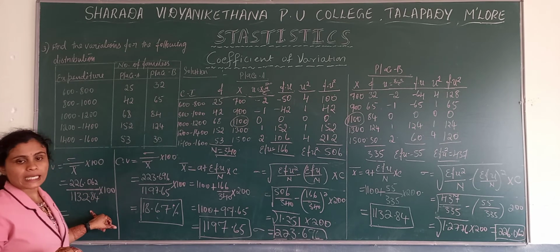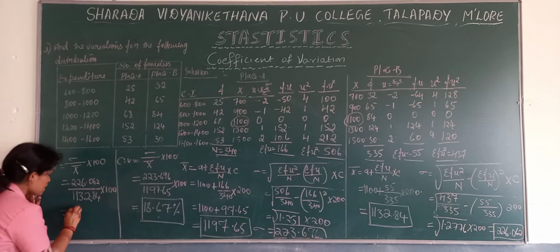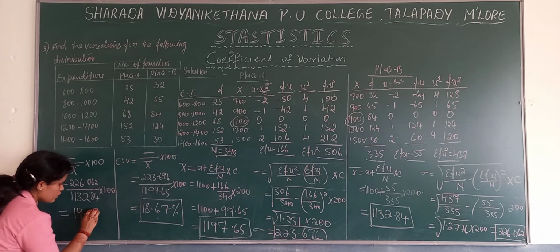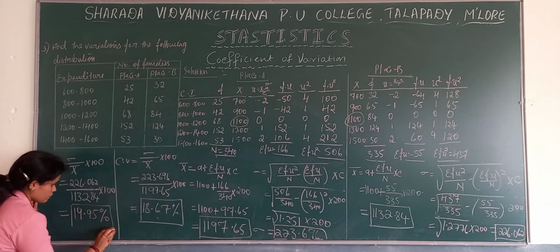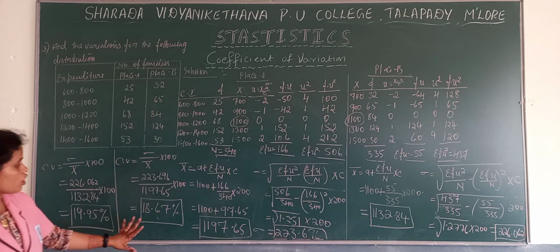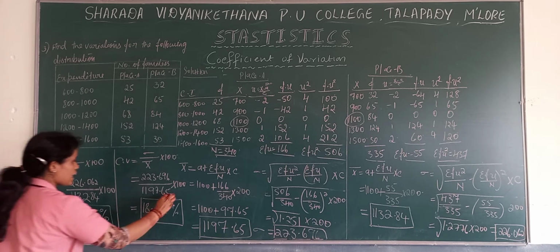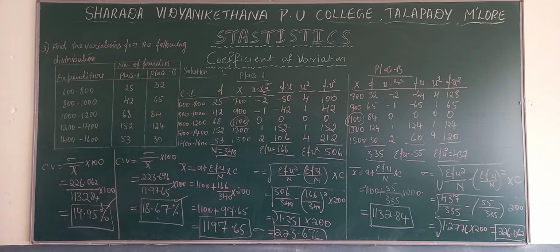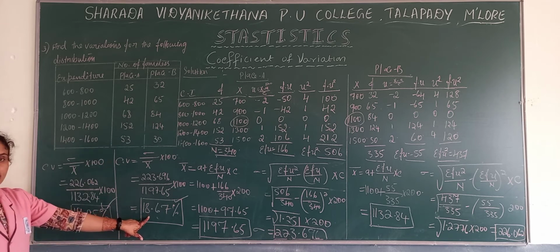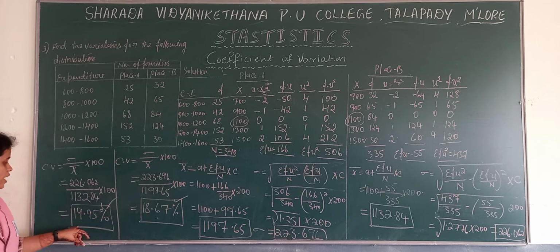So here we get coefficient of variation as 19.95%. So we got now CV of place A as well as place B. See now, in case of place A it is 18.65 and place B 19.95.